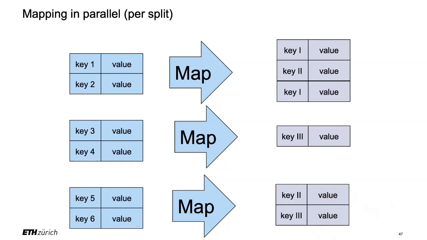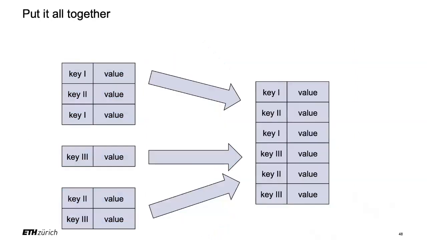Okay, who is following? Next, this is all on the logical level. This is not done physically, but just for you to understand on the logical level, all of these intermediate partitions of key values, think of them as all going together. Now we have a huge collection of intermediate key values that is not ordered in any way.